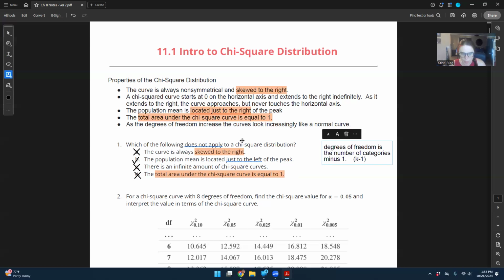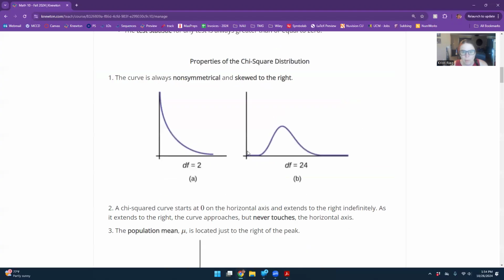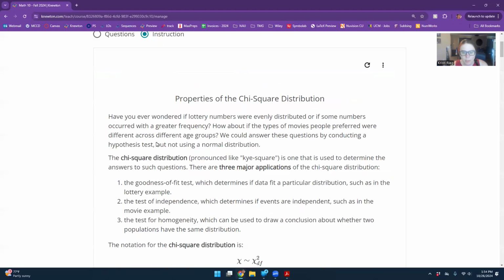Okay, let's go back a second and talk about what number of categories even means. Going back to my picture, I just want to give a few examples. Have you ever wondered if lottery numbers were evenly distributed or if some numbers occurred more frequently? How about the types of movies people preferred across different age groups? This is where we're going to use the hypothesis test, but not using the normal distribution, which is where we're getting chi-squared from.